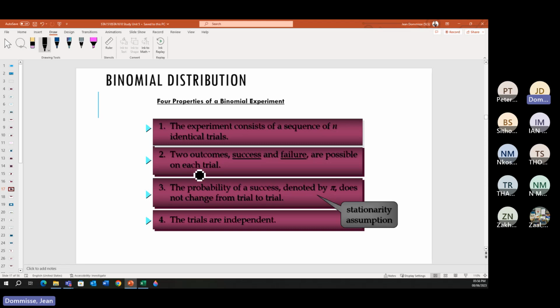But with binomial distribution, what we're basically looking at the whole time is 2 options. So something happens or it does not happen. Or it's heads and tails, or it is basically by saying something is a success or it's a failure. So the whole time, you are looking in binomial distribution at 2 outcomes.